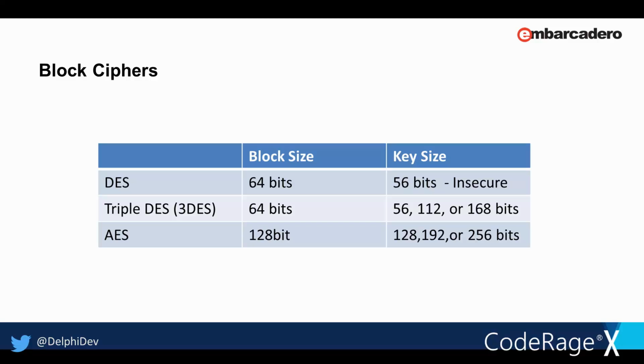DES is very insecure and shouldn't be used. However, there is a variant of DES, triple DES, that still has that 64-bit block size, but introduces key sizes of 56, an additional 112, and 168. If you need to use triple DES, the bigger the key size, the better.